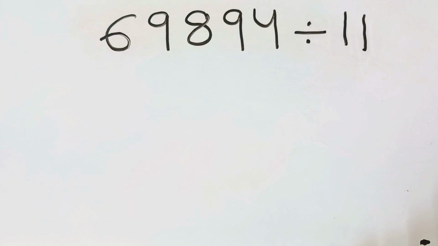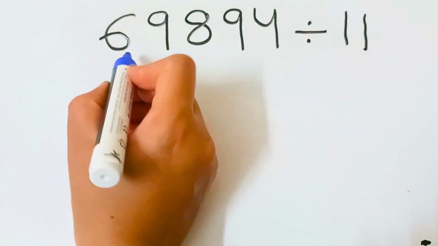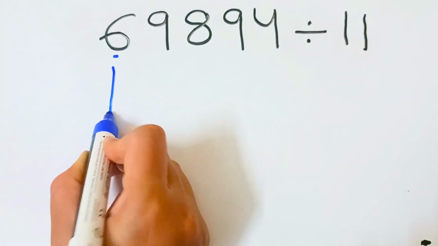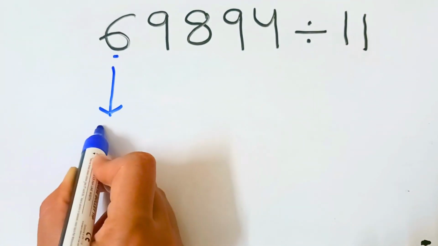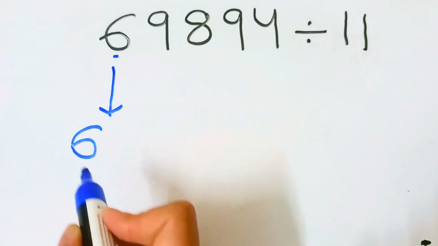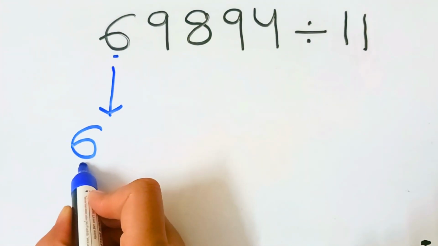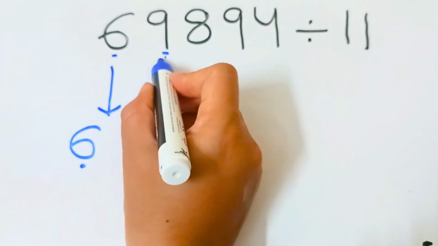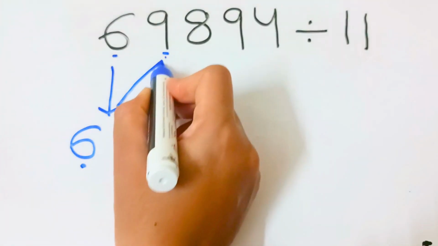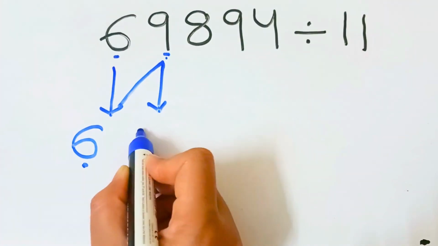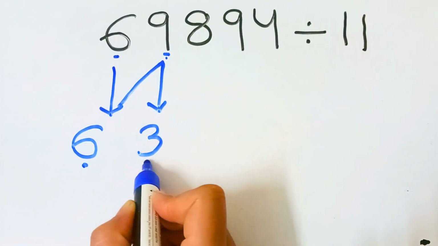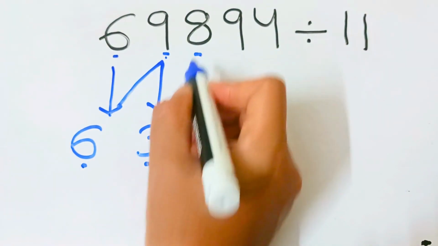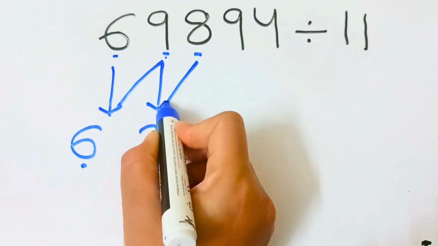So what you will do, as I said earlier, you have to write the first digit as it is. So write 6 as it is. Then you have to subtract this number from the next digit. That is 9 minus 6, which is 3. So write here 3. Then subtract this number from the next digit. That is 8, so 8 minus 3 is 5.